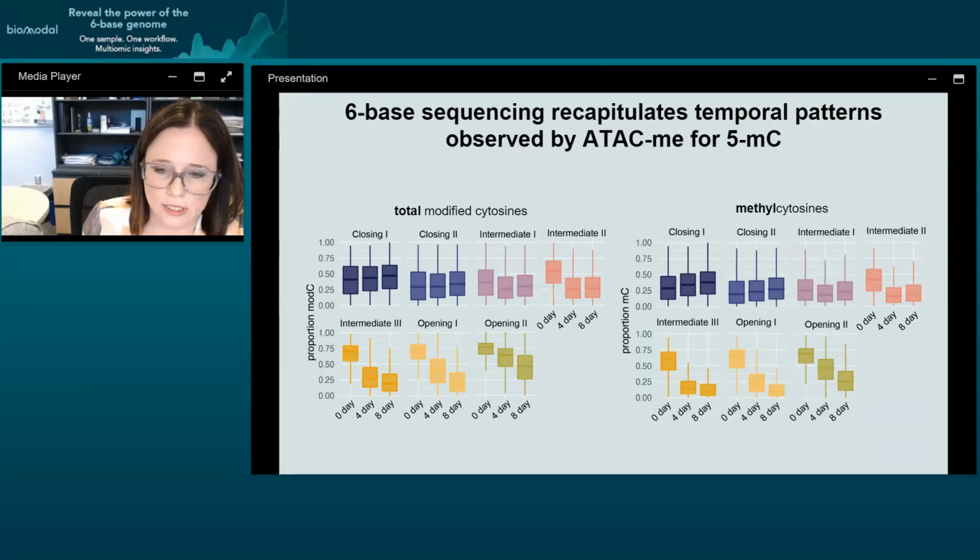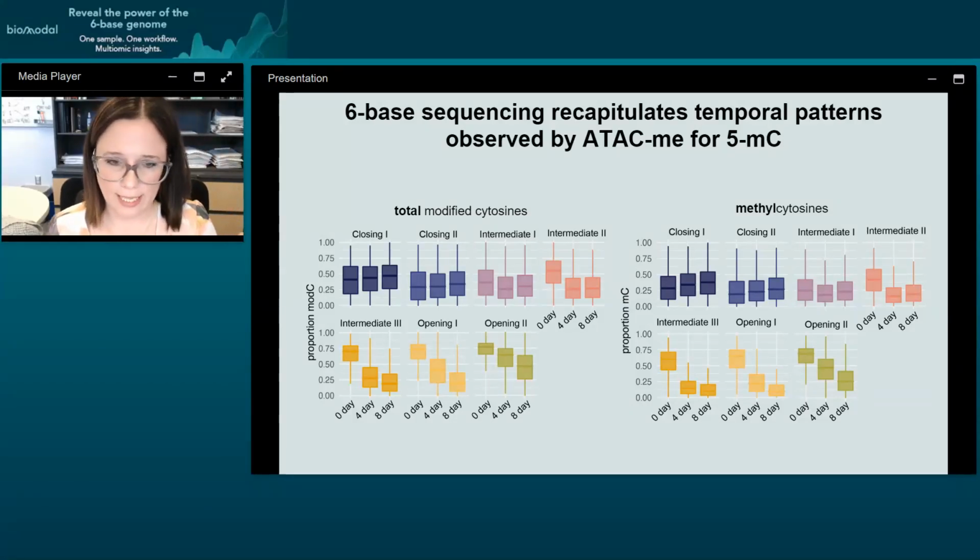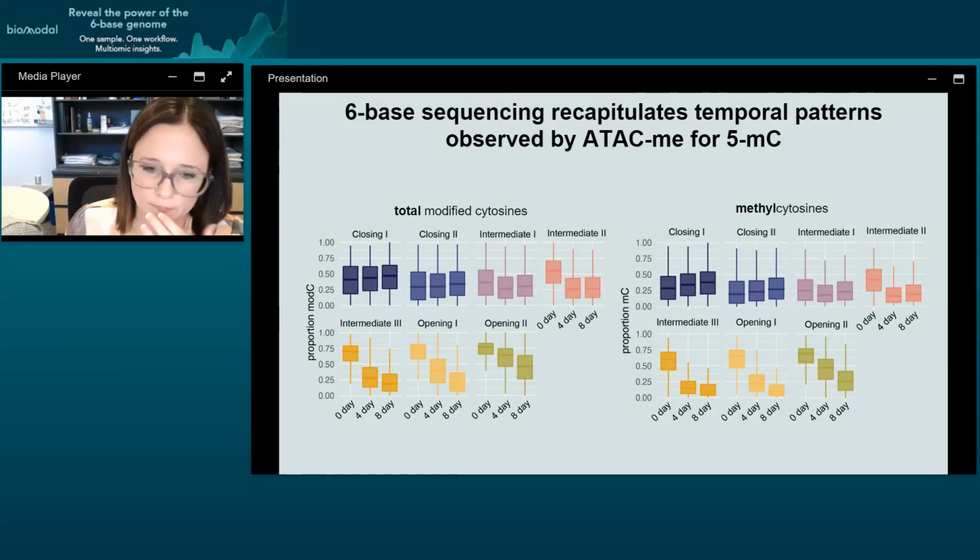Another thing we were interested in looking at is whether looking at methylation using the 6-base approach, which again is looking at methylation across the whole genome, related to the methylation dynamics that we were observing using our ATAC-Me approach.